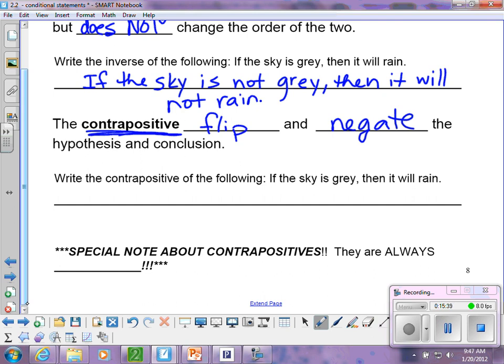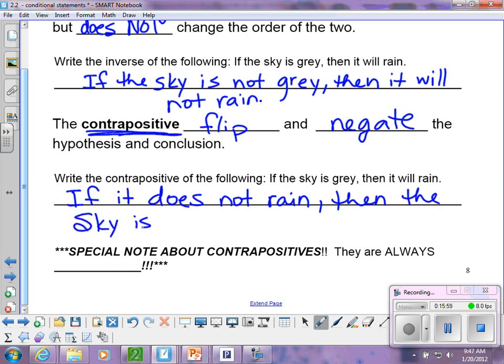So I have to flip it and I have to put the not in it, or take it out if it already has it. So if it does not rain, then the sky is not gray.